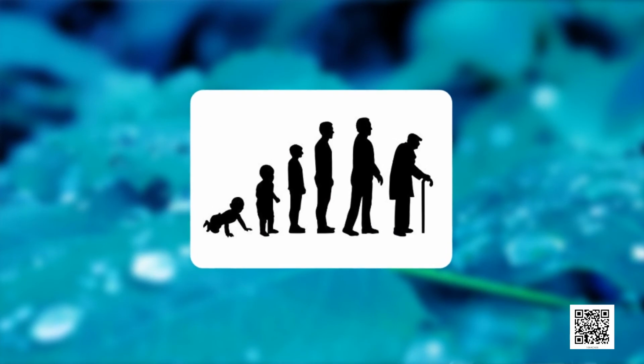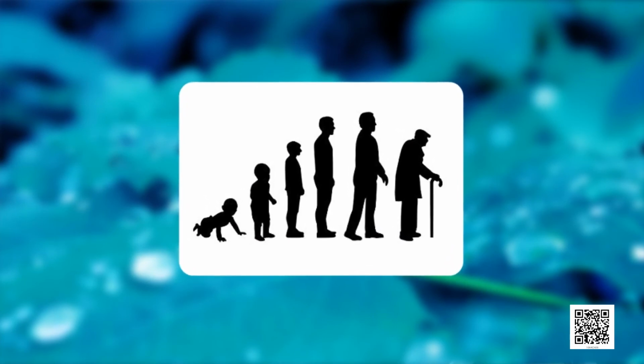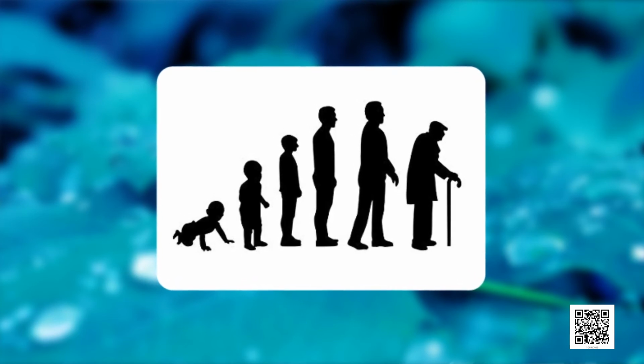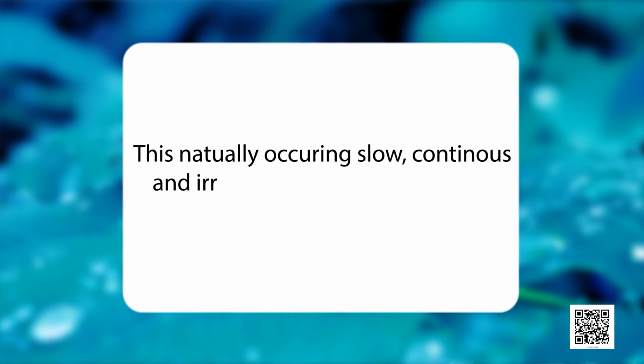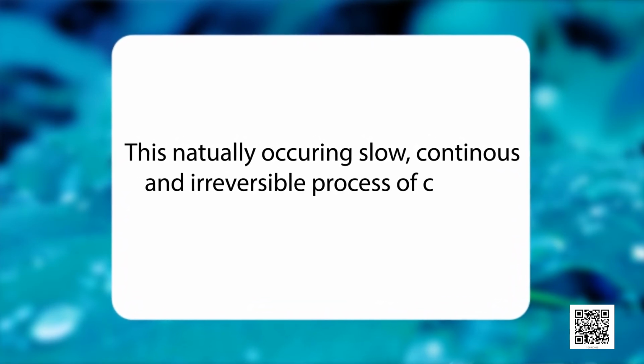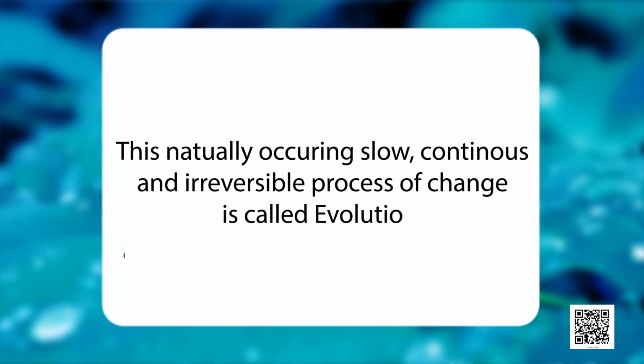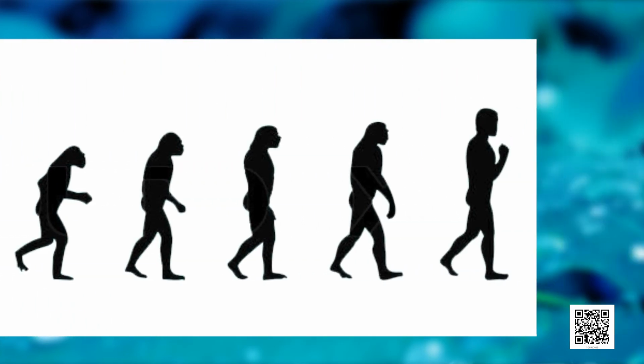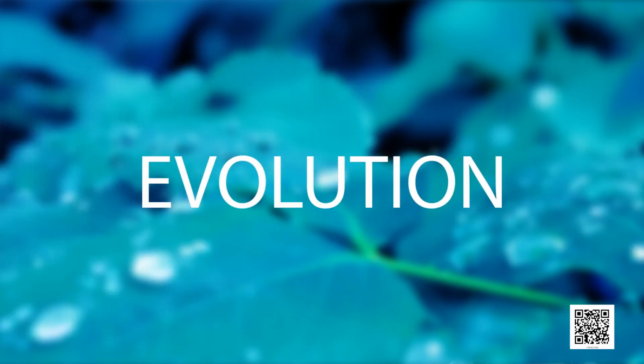All this brings about a gradual change in all these living organisms from the pre-existing ones. So, this naturally occurring, slow, continuous and irreversible process of change is called evolution. New organisms and new species originate because of evolution.